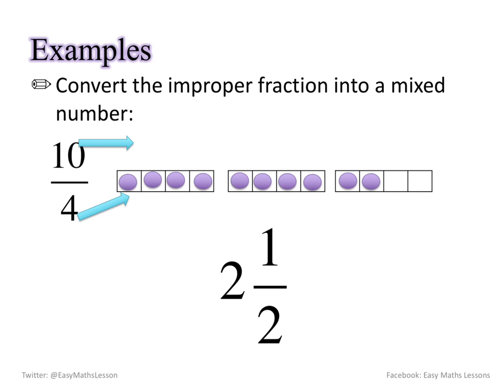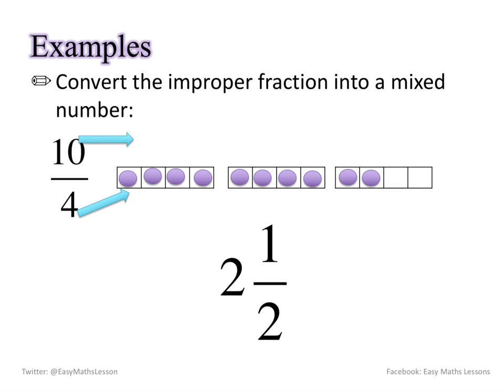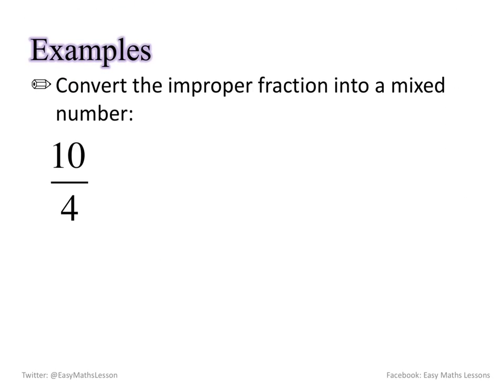Again, if I don't want to draw them out, I can just use my times table. So this time I'm going to use the 4 times tables because that is what's here at the bottom. So I've got 1 times 4, 2 times 4, 3 times 4. Now I've stopped there because I've got 10 here at the top, which means I only need up to here.